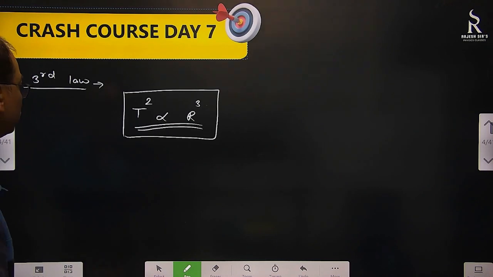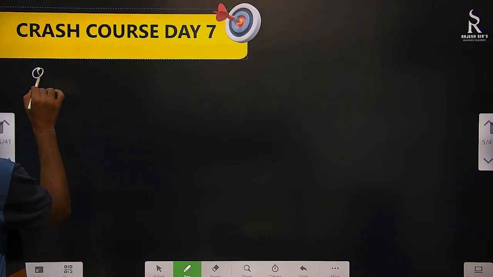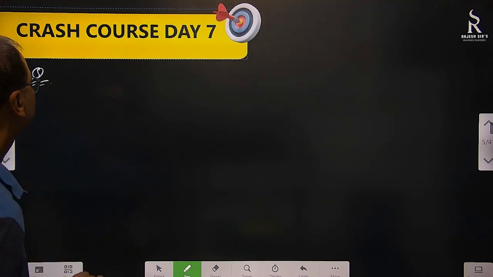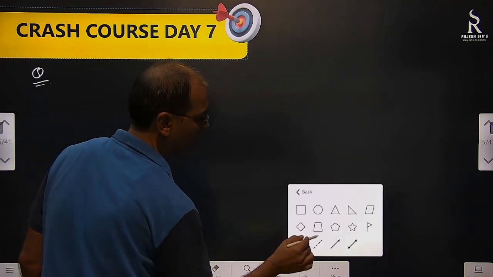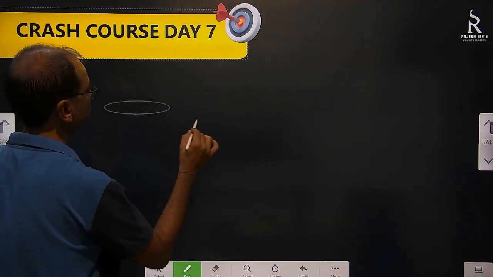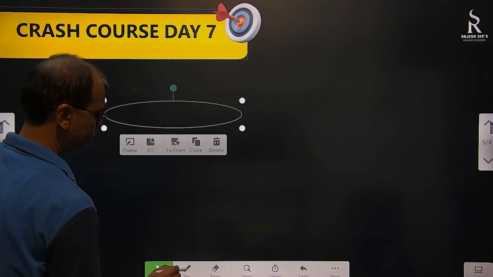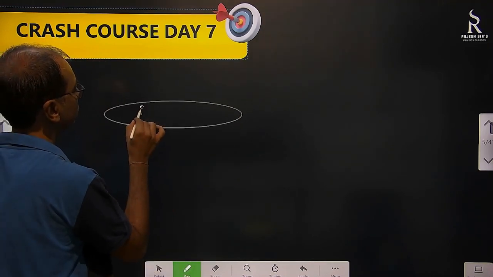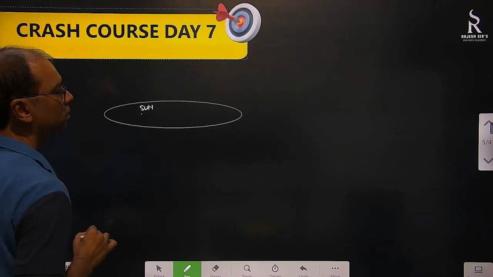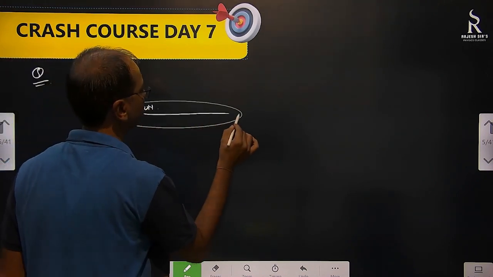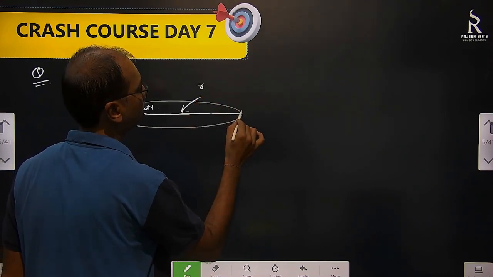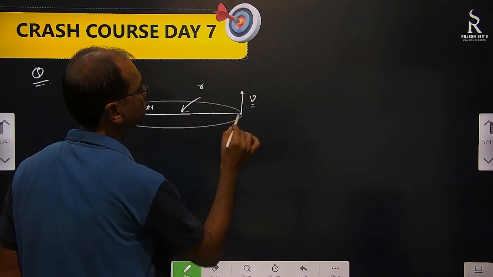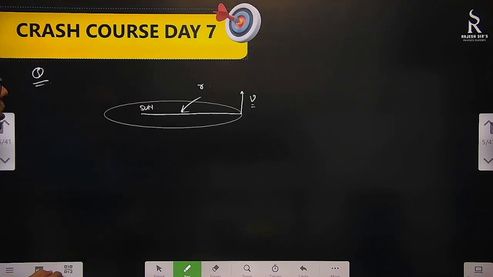Now, let's see what type of questions can be asked. Okay, so the question asked is: if I take an elliptical orbit, based on the second law, the sun is here, and any radius is given, suppose this is r, and here the velocity of the planet is v.